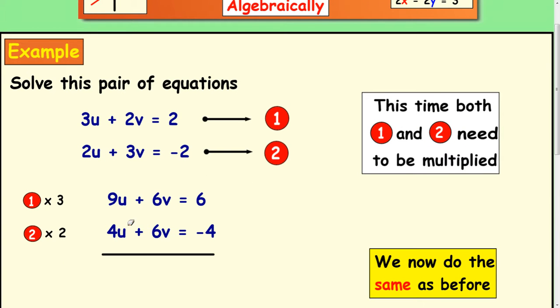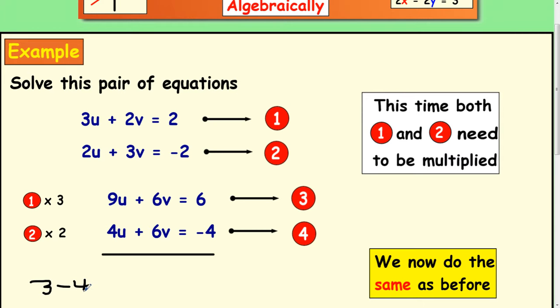Now, because they're all pluses, I want to take them away. So I want to call that equation 3 and that one equation 4. And I'm going to do it this way around. Equation 3 take away 4.